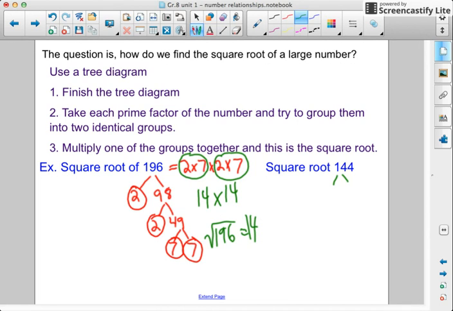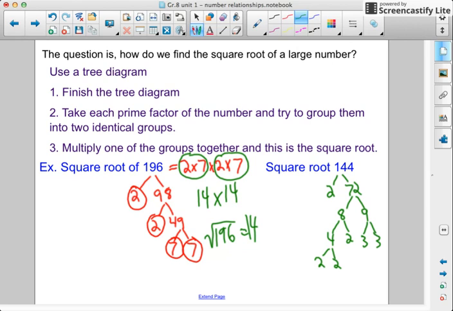So we could go 2 times 72. You might recognize that 72 is 8 times 9. Okay, now we're going to branch off of each of these because neither of them are prime. This would be 4 times 2. This would be 2 times 2. 9 would be 3 times 3.